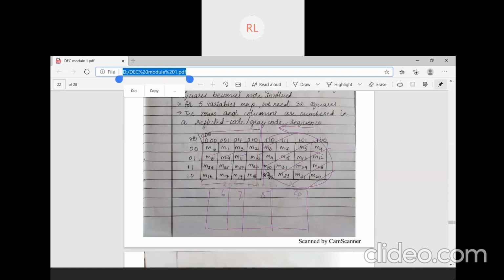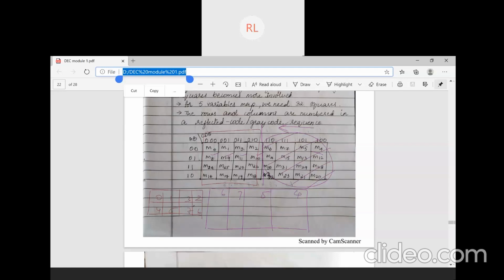You have to imagine it just like how we had for 8 squares, like 0, 1, 2, 3, then 4, 5, 6, 7.